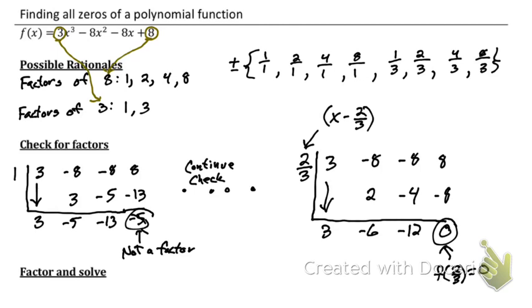So I factored out x minus 2/3, and my quotient was 3x squared minus 6x plus negative 12. So not only did I know it factors out, I actually know how I can rewrite it. I can rewrite it as x minus 2/3 times quantity 3x squared minus 6x minus 12.